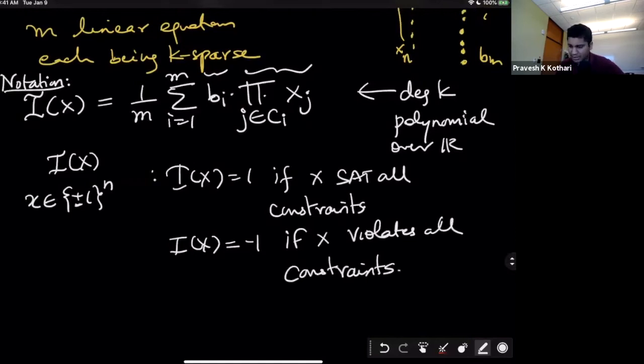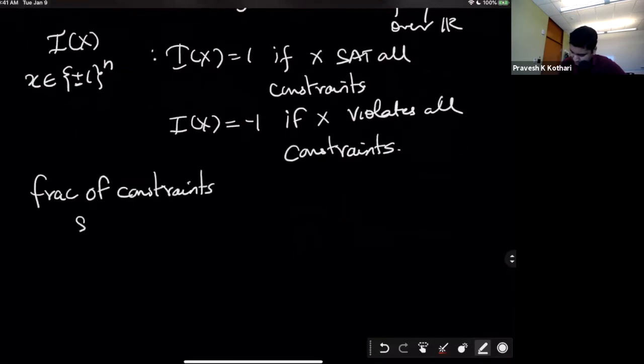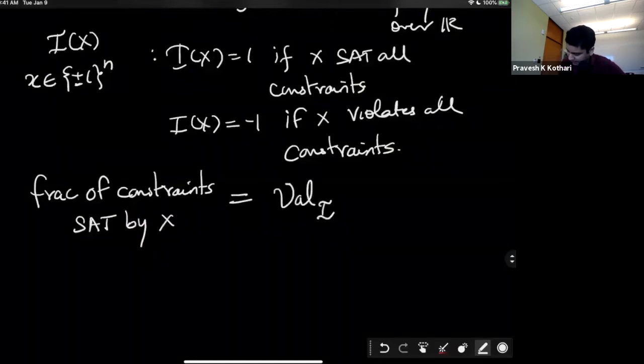Okay, very good. And in particular, the fraction of constraints satisfied by any assignment x, we'll call it val I of x, is simply equal to half plus I of x over 2.